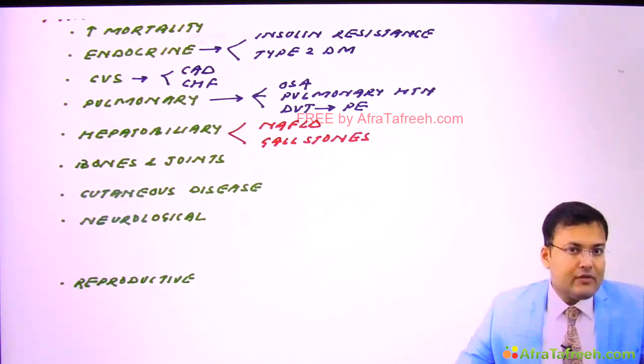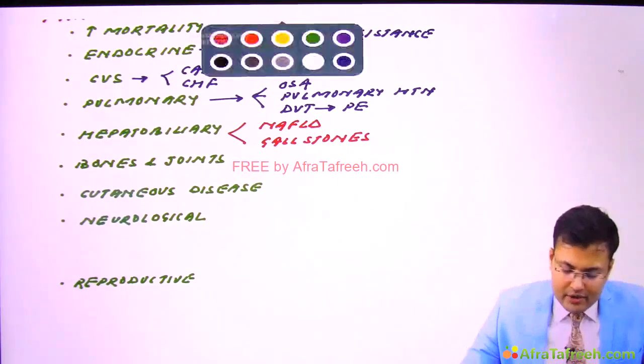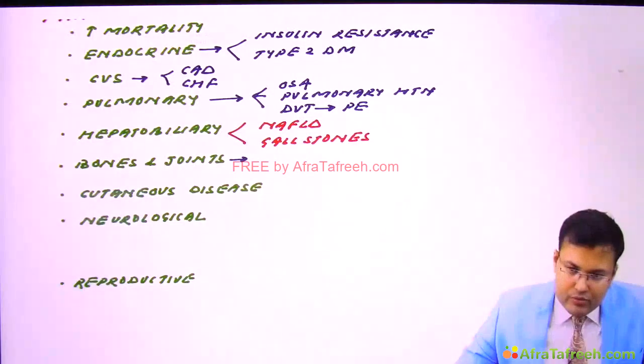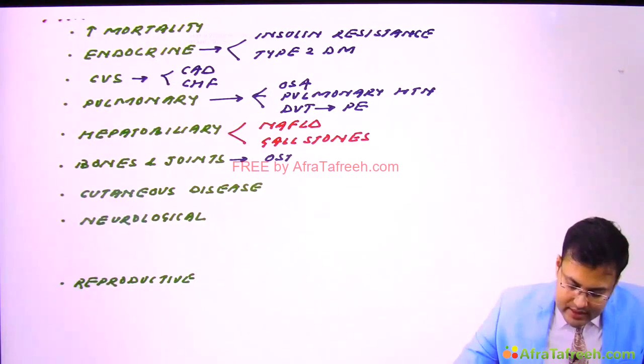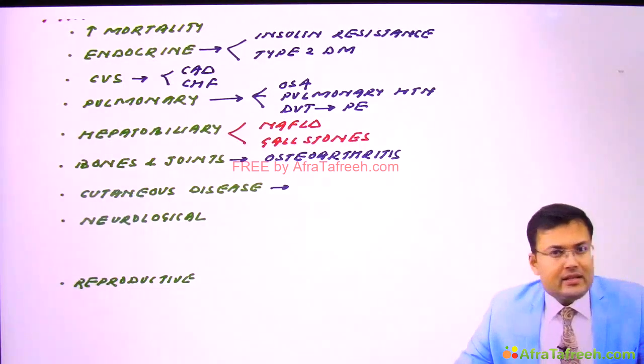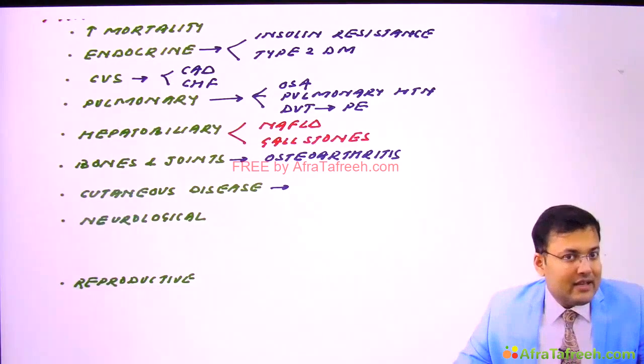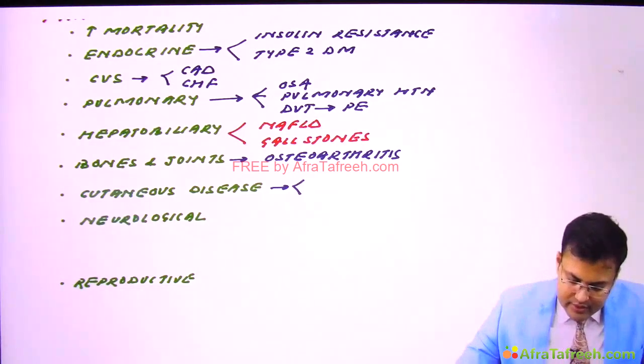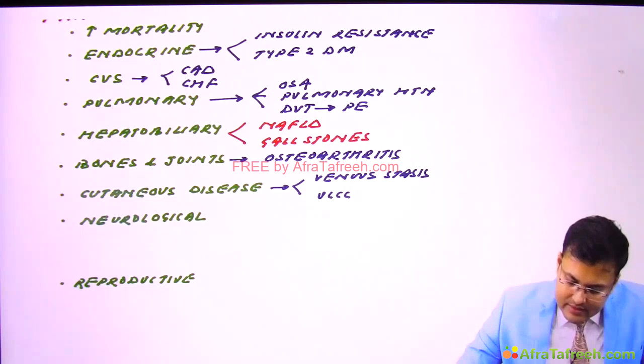There is increased risk of osteoarthritis, because of increased weight. So in bones and joints, increased risk of osteoarthritis. And in obese patients there is increased risk of venous stasis and ulcers.